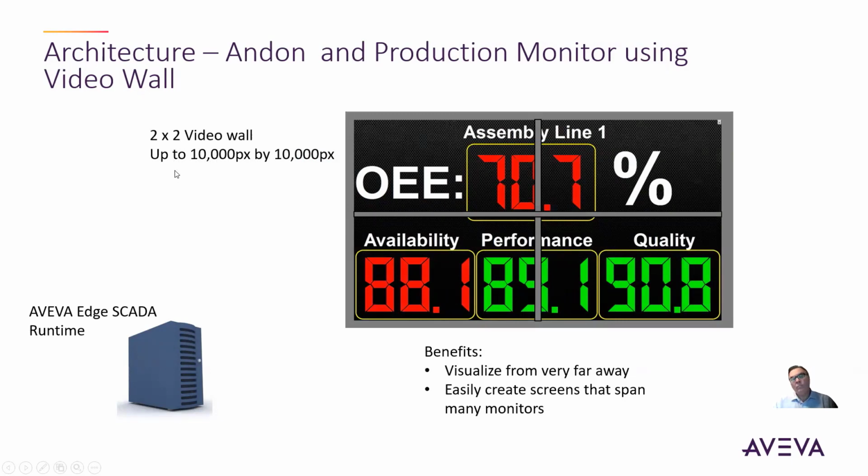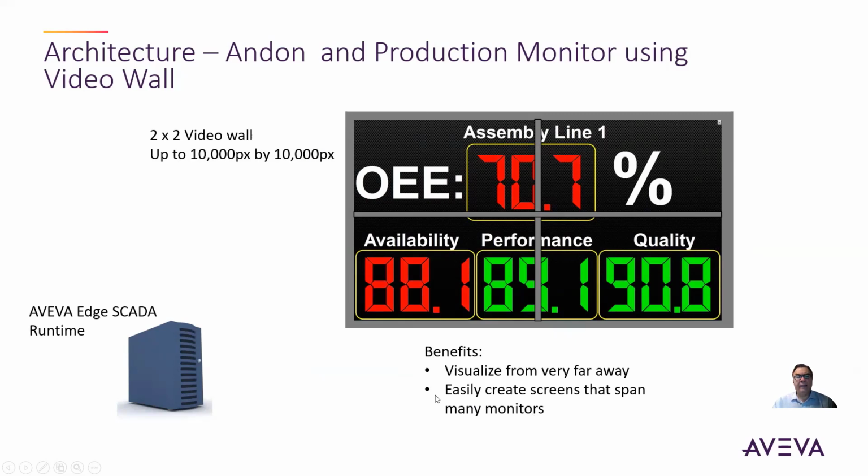Aveva Edge will support up to 10,000 by 10,000 pixels, so you can visualize this from very far away. We've done studies with some college students where we determined how large the characters have to be so that they can see the individual characters from 50 meters, 100 meters, 150 meters away.